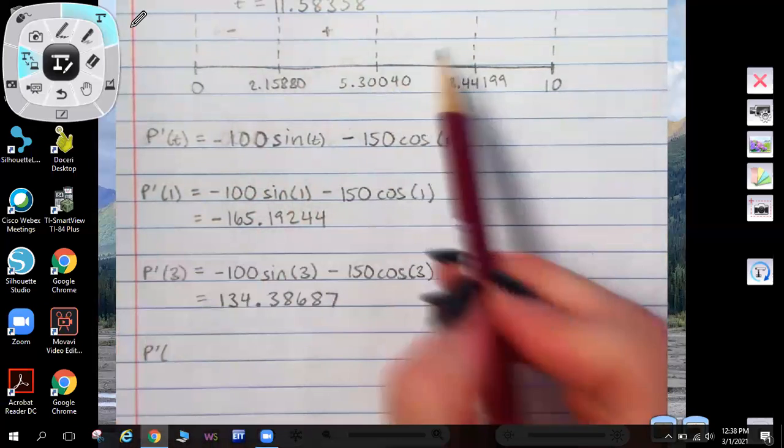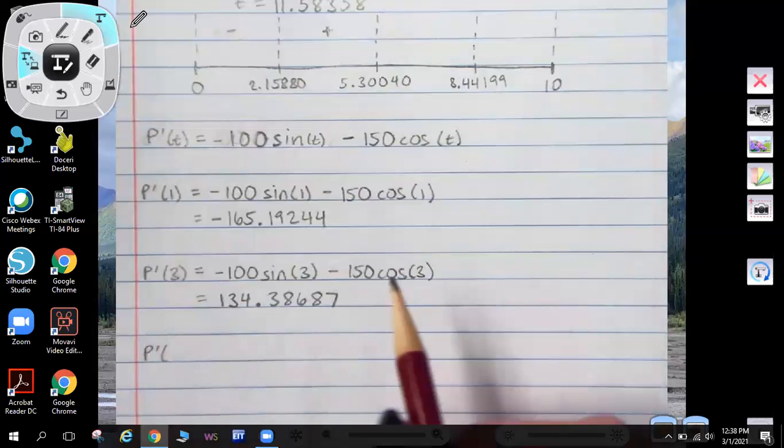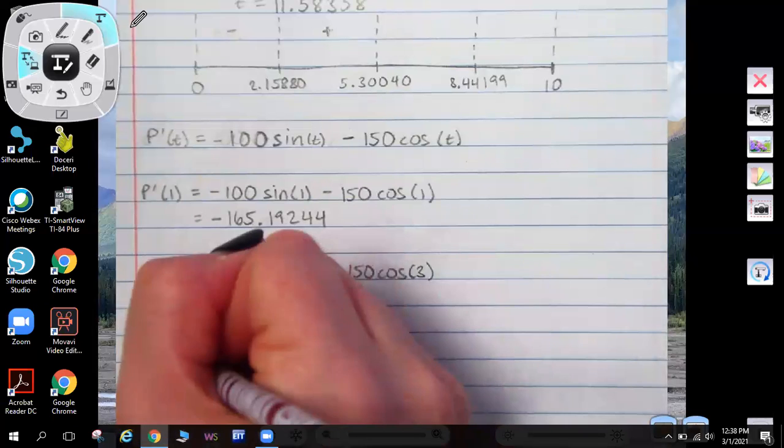A number in the next interval. How about 7?